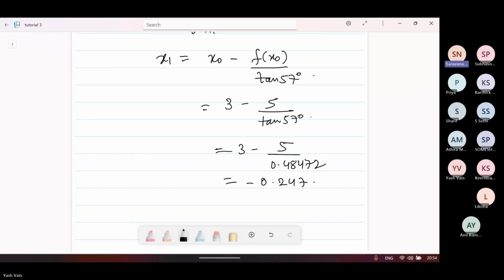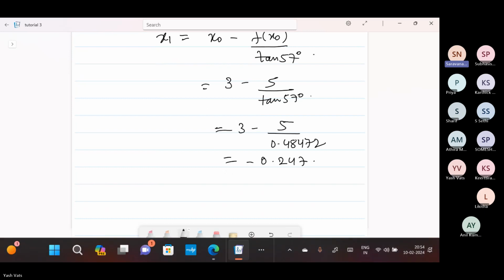Because 5 divided by tan 57 is 1.539, if you are taking it in degrees, then 5 divided by 1.539 is 3.247. So 3 minus 3.247 is minus 0.247. Yeah, that is coming correctly.